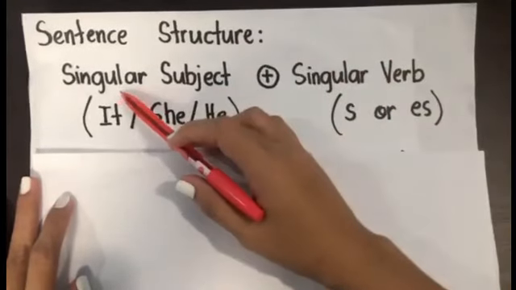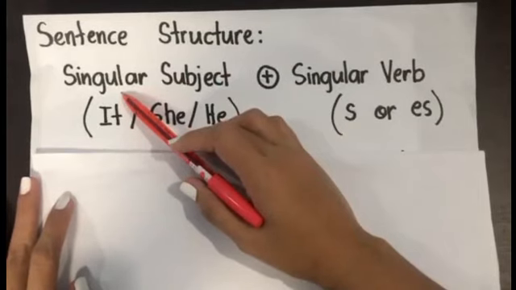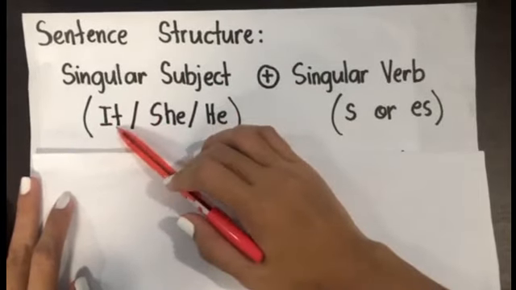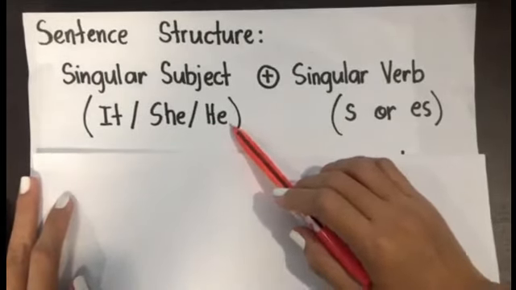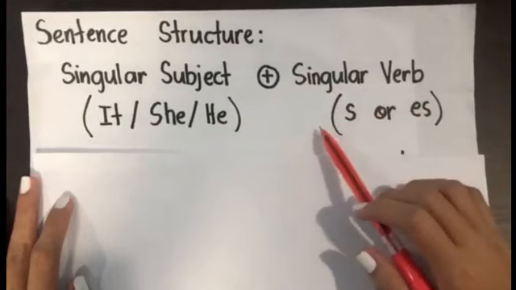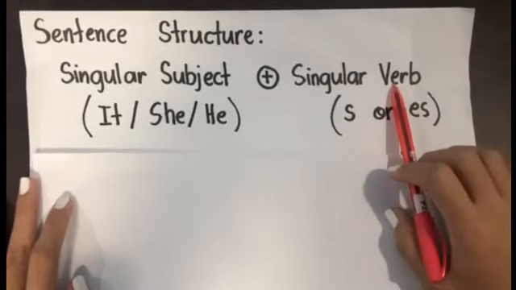When we say singular, it means only one or single. For example, from the pronoun subject, it, she, and he. For the singular verb, you have to put s or es to your verb.